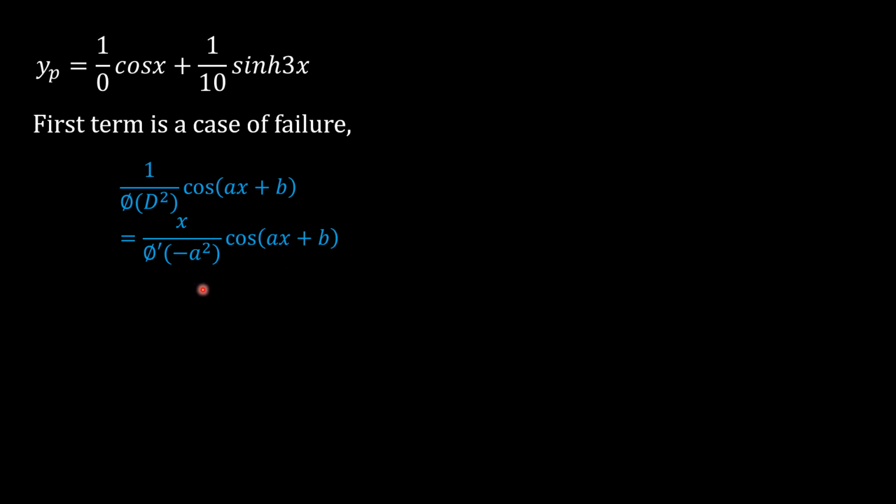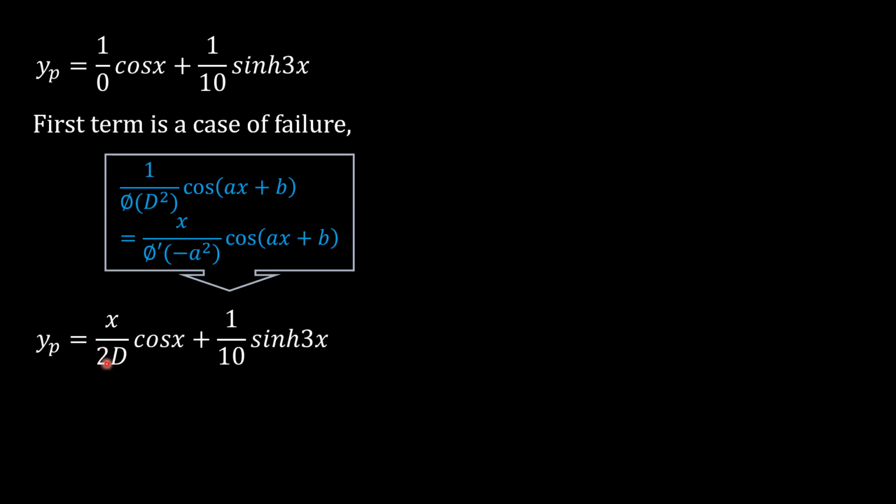We will use this formula, for which, to evaluate phi dash of minus a square, we need to differentiate phi of D with respect to D. For the first term, phi of D is D square plus 1, hence its derivative will be 2D. Therefore, yp becomes x upon 2D of cos x plus the second term as it is.